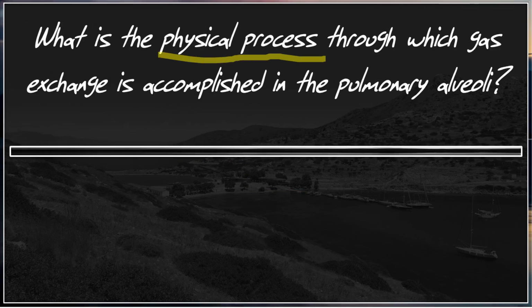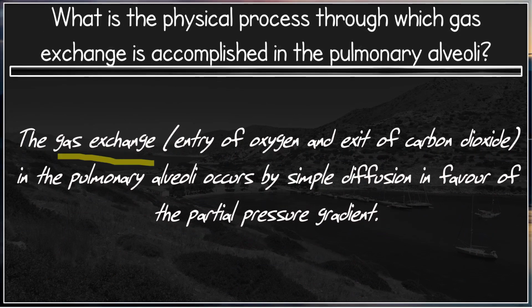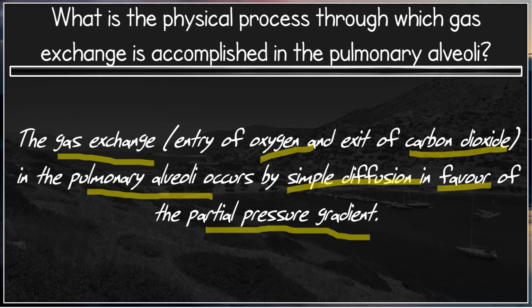What is the physical process through which gas exchange is accomplished in the pulmonary alveoli? The gas exchange, entry of oxygen and exit of carbon dioxide in the pulmonary alveoli, occurs by simple diffusion in favor of the partial pressure gradient.